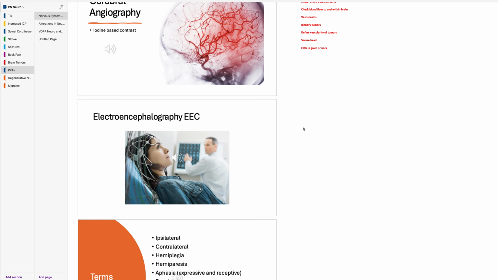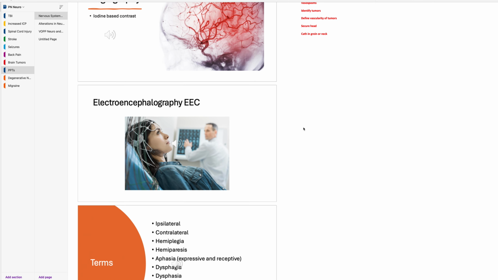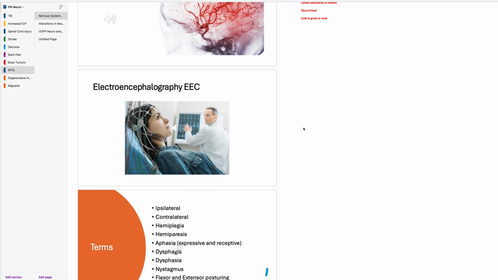EEG. So this is the electroencephalography. Okay, so this is done usually on people that have had seizures. It can also be used at times to detect brain death. Okay, with the EEG, there are a lot of nursing implications, like the night before you're going to wash the patient's hair, or have the patient wash their hair and scalp, and avoid caffeine, avoid stimulants.